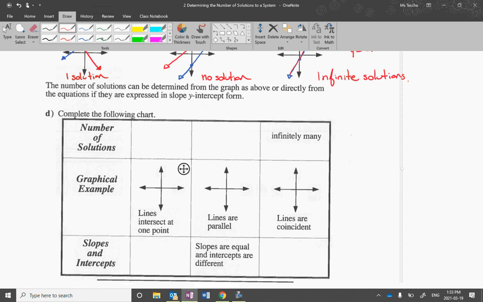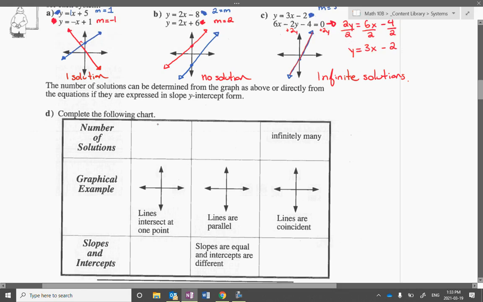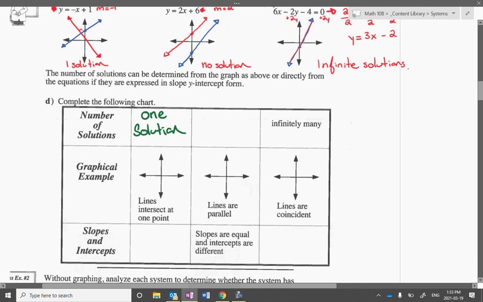So if there is 1 solution, that was the very first example we did, we have to have different slopes.